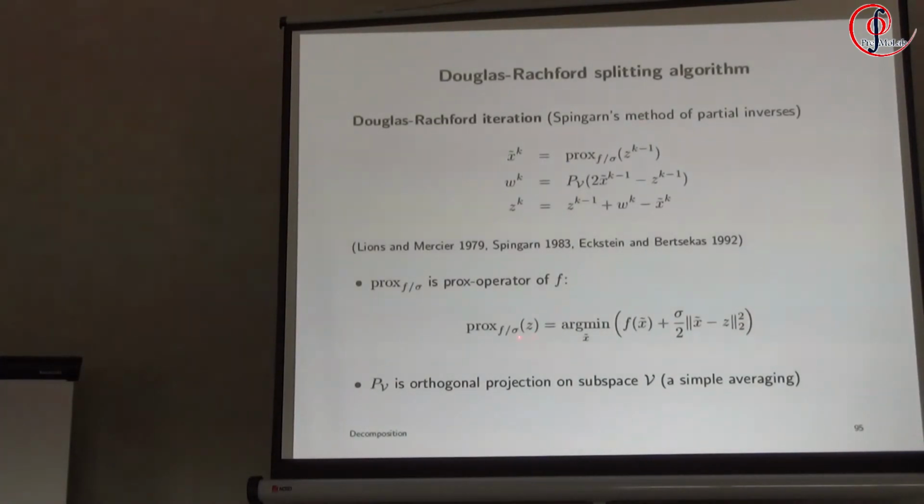To find the prox operator at z, you have to solve this problem, and the solution x hat is called the value of the proximal operator at z. For many simple functions f, there's a closed form expression. For example, the one norm is the most famous one, and you get the soft thresholding operation. If f is an indicator function, it's just Euclidean projection on the set. But here we'll evaluate these proximal operators numerically.